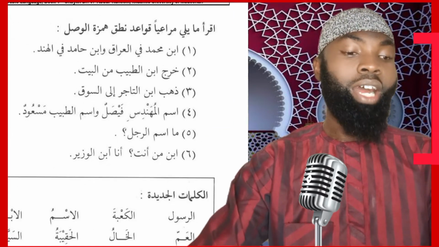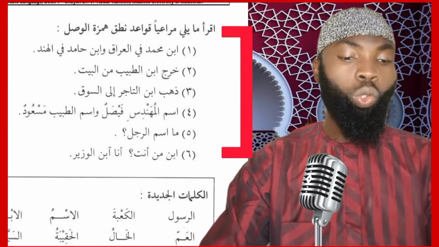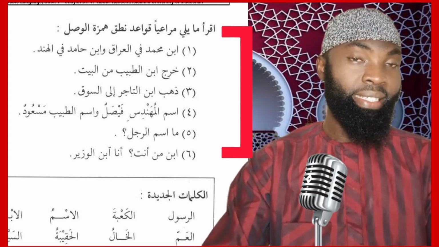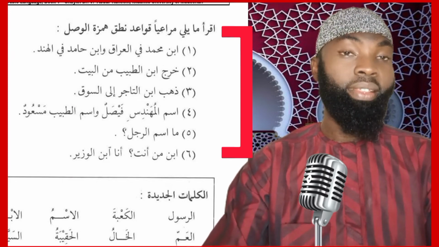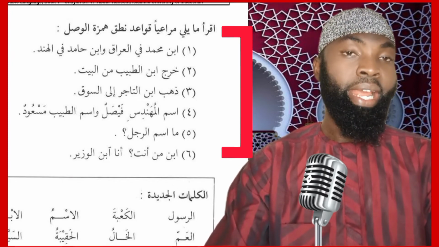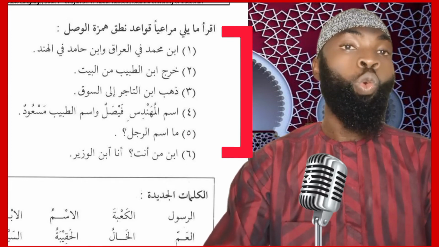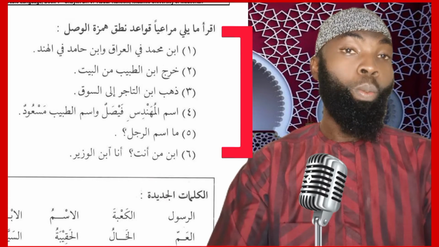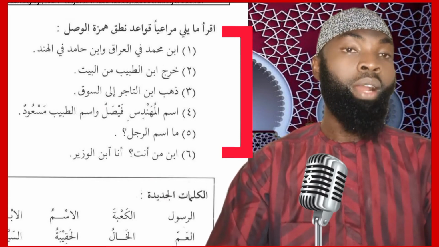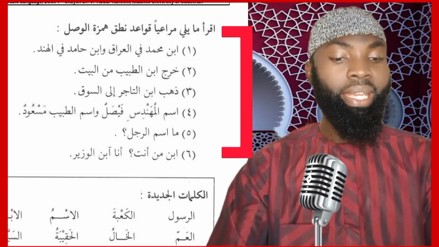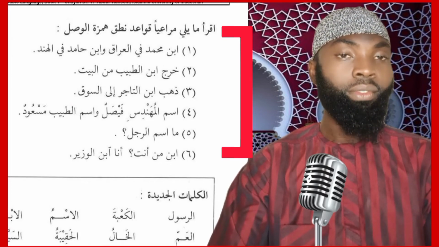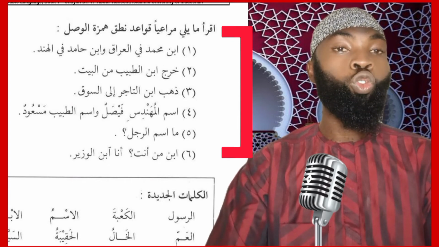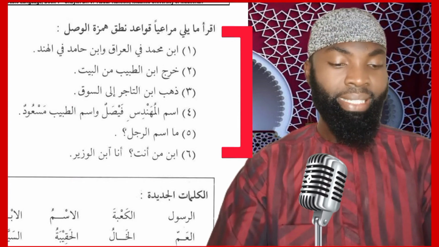Next we have Iqra ma yali mura'iyan qawa'id an-nutqi hamzatil wasl. Read the following sentences, taking into consideration the rule guiding the pronunciation of hamzatul wasl, which we had earlier talked about. So here, let's go. We have Ibn Muhammadin fil Iraqi, wabnu Hamidin fil Hindi. Number 2, Kharajabnul Tabibi min al Bayti.